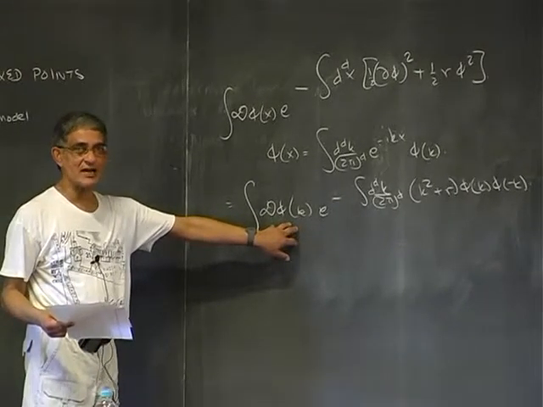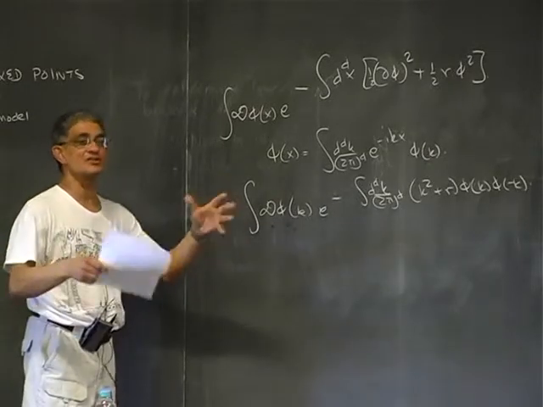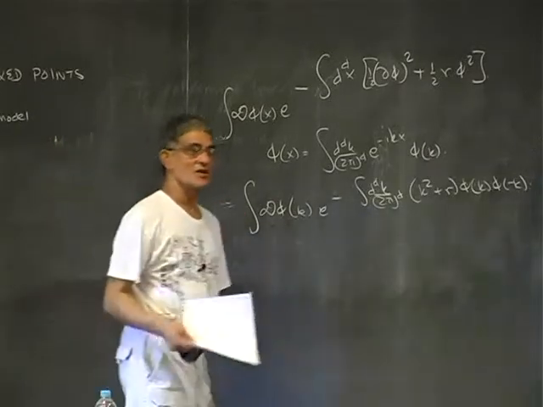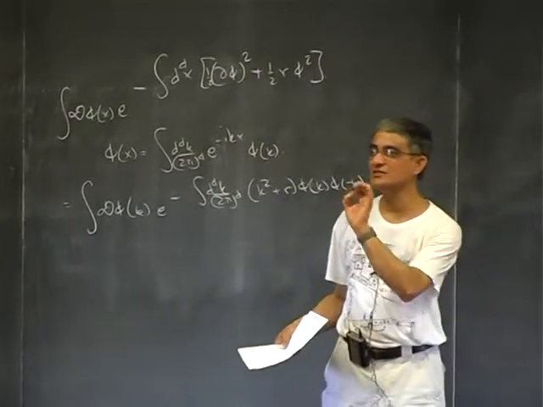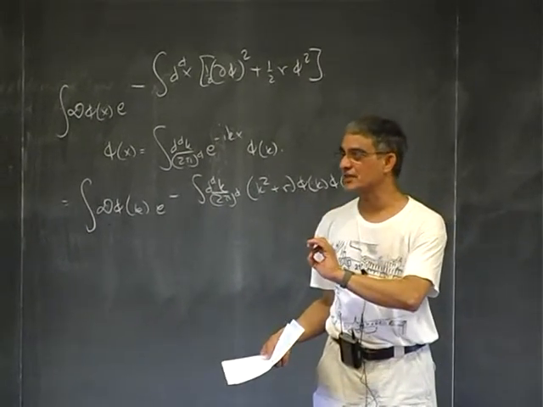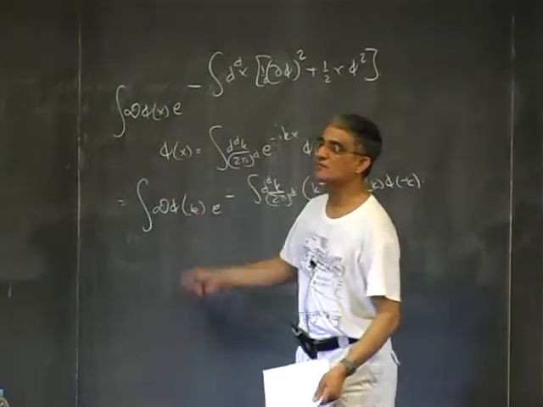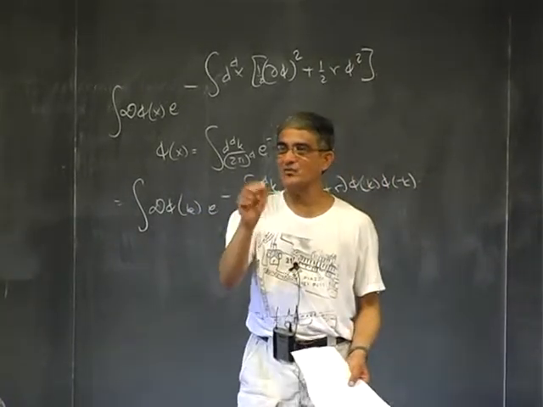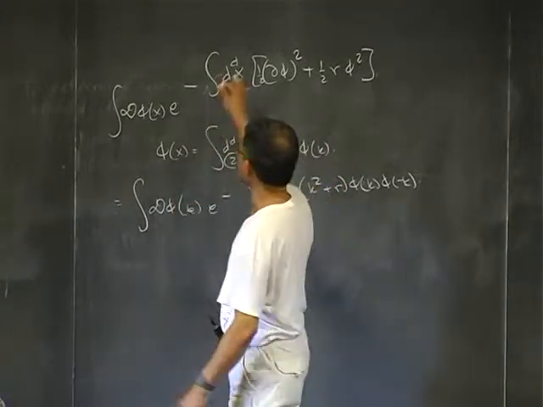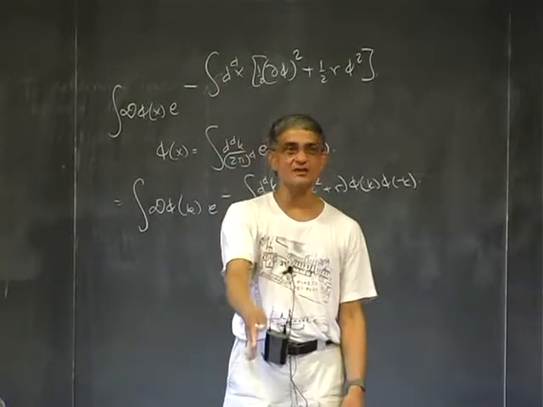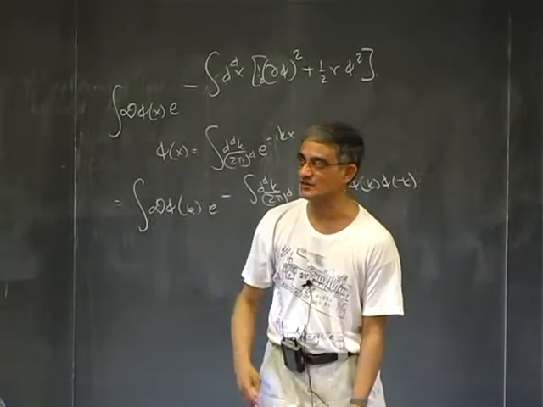In order to give an exact meaning, you have to put the system in a box, you have to do a lattice, and then all these momenta are discrete, related in terms of discrete integers. Then it is just a multiple integral of phi's evaluated at the discrete points, except that you have to take into account the fact that the original phi was a real field, so you have to cut it in half. But that's a question of detail.